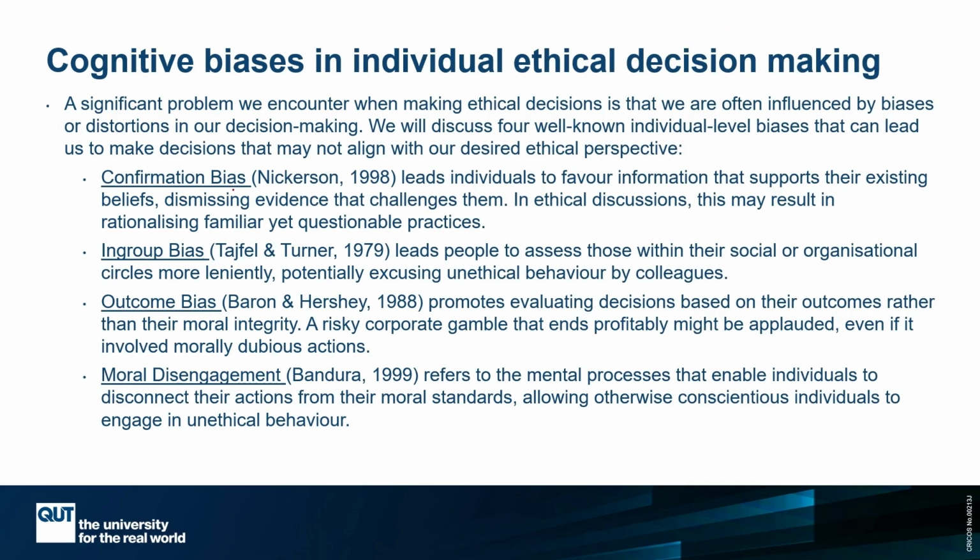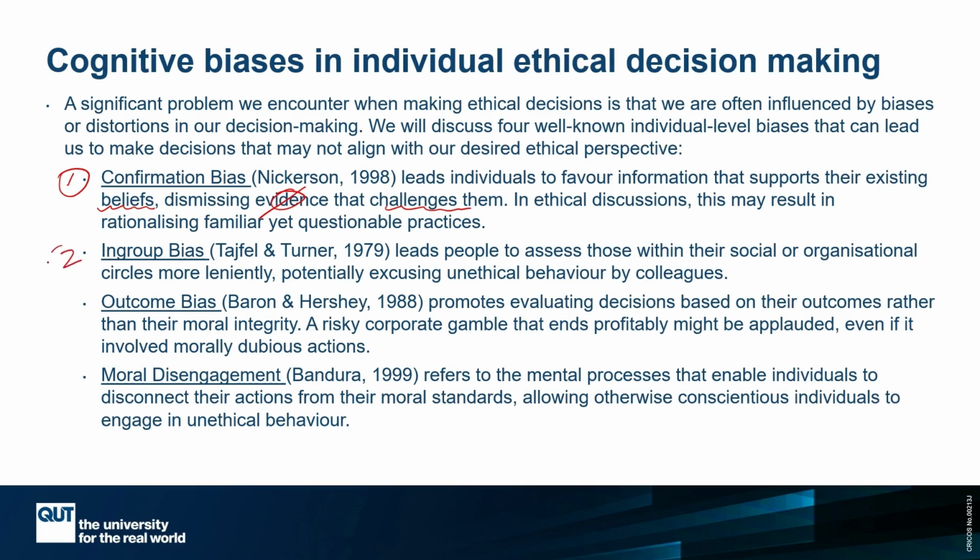Now, while there are many biases that can affect your decision-making, we're going to deal with 4, right? The first one is confirmation bias, which is where you look for evidence that confirms your beliefs, so you dismiss evidence that challenges them. We all know that if you don't weigh the evidence properly, you can come to the wrong decision.